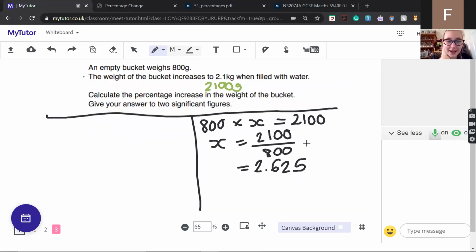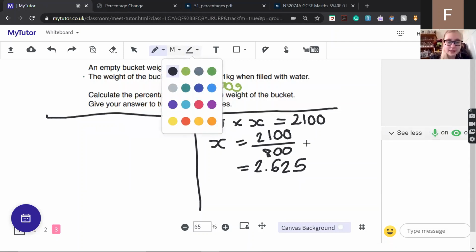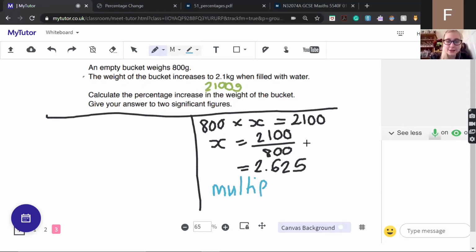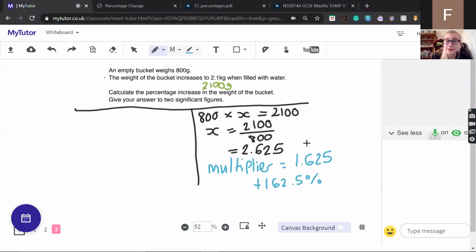So our multiplier is going to be 1.625, which means that it's a 162.5% increase, which to 2 significant figures is 160%. Hopefully that makes sense.